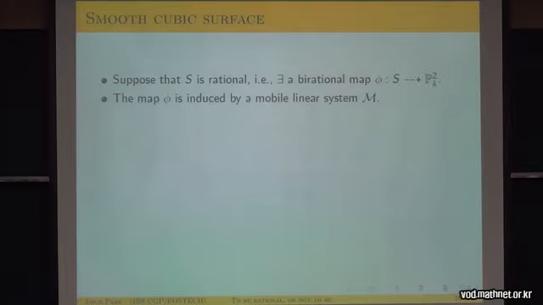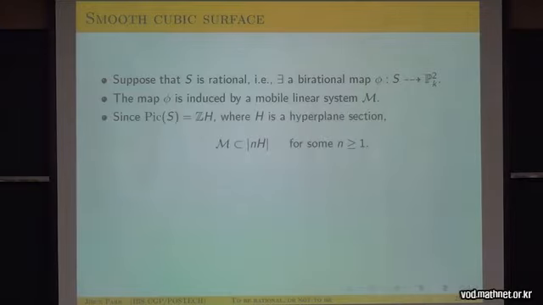The map is induced by a mobile linear system, meaning there are some rational functions, a finite number of them, which generate this linear system.